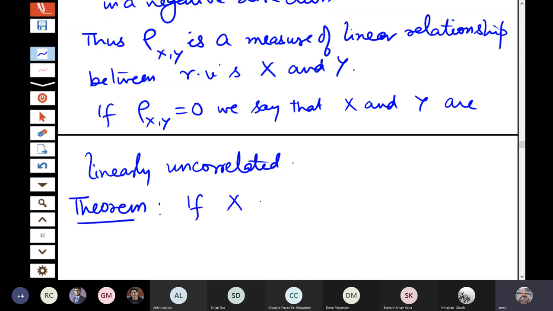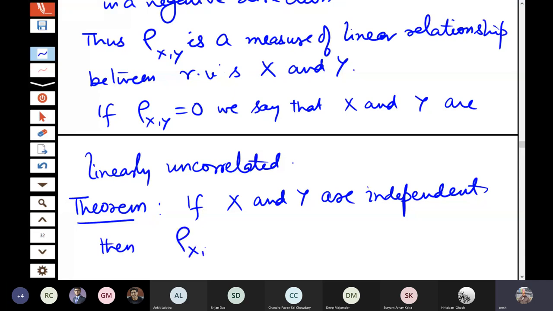If x and y are independent, then rho xy is equal to 0. That is true because if x and y are independent, then covariance is 0, therefore correlation is also 0.